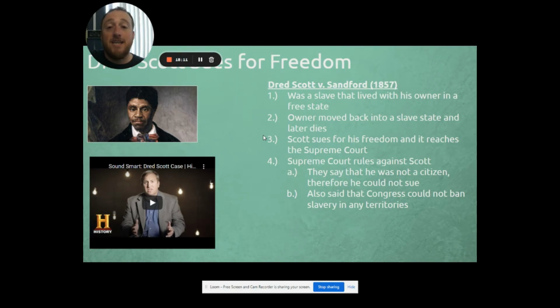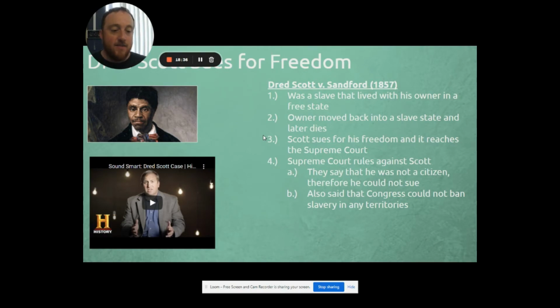So that goes into that whole idea that it's up to the people that live in those territories to decide whether or not this is going to be a free territory or a slave territory. It cannot be the federal government that does that. That is a gigantic piece of the puzzle when it comes to people being very upset with what's going on.